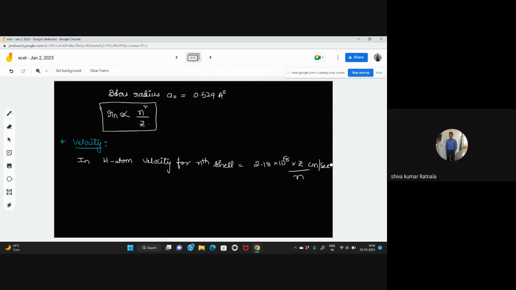Okay, velocity. Now these are the questions which we can solve in the velocity, radius, and hydrogen atom points. These are the major applications of the point.